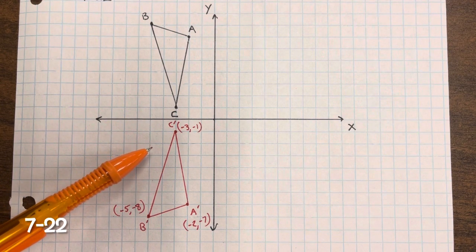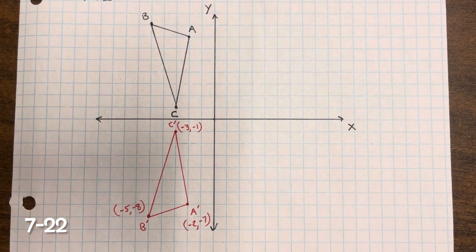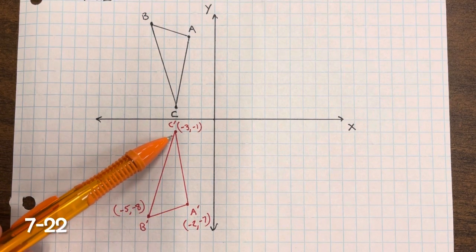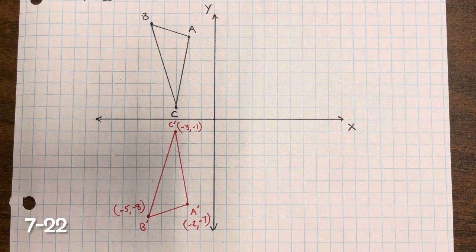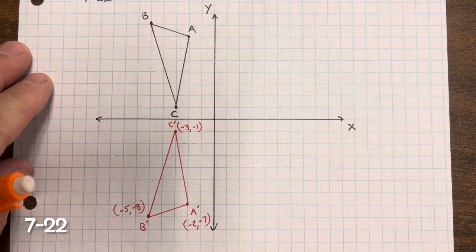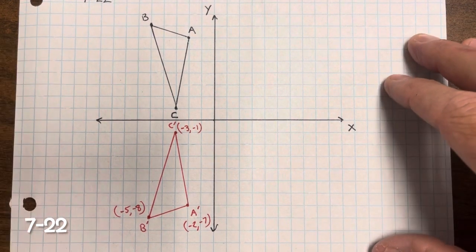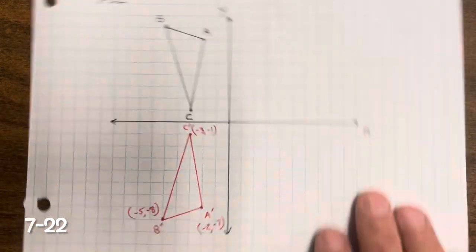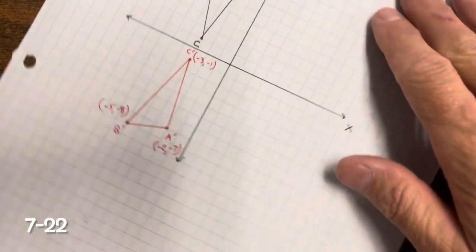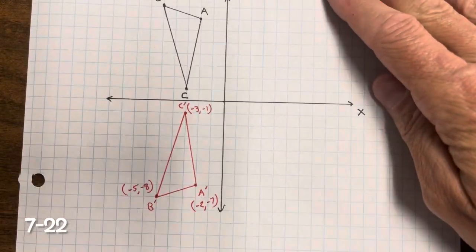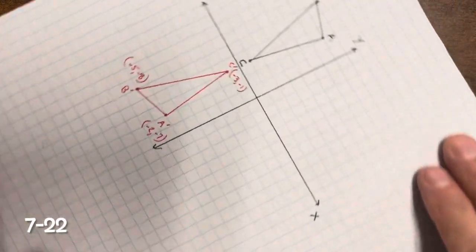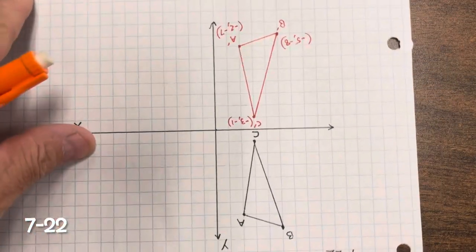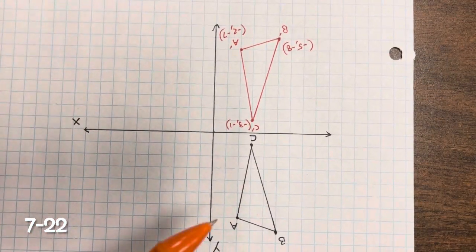The second part, part B, now we need to rotate triangle A'B'C' 180 degrees. There's two ways we can do that. One, we'll actually rotate the paper. It doesn't matter if you go clockwise or counterclockwise for 180 degrees because it ends up in the same location. So here's a 90 degrees clockwise rotation, 180 degrees clockwise rotation.